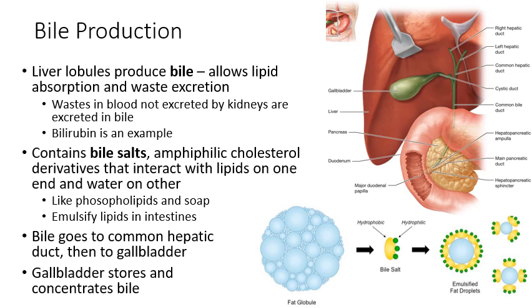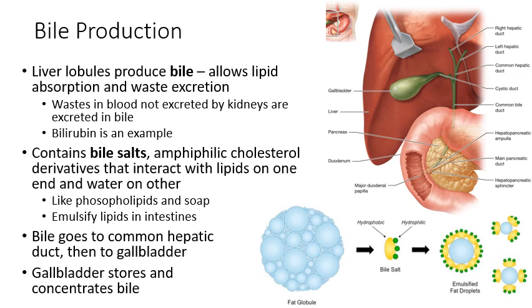So bile salts are working very similar to how soap works. They interact with lipids in the chyme on one end and interact with water that's in the intestine on the other end, and that allows them to break large globs of lipids up into smaller and smaller bits. We call that emulsification.